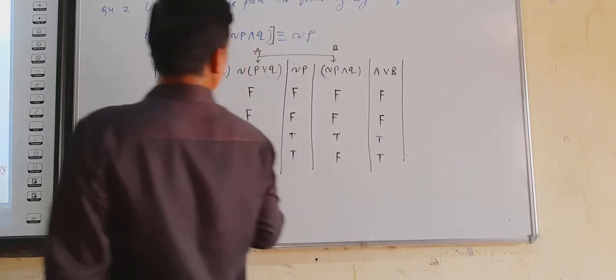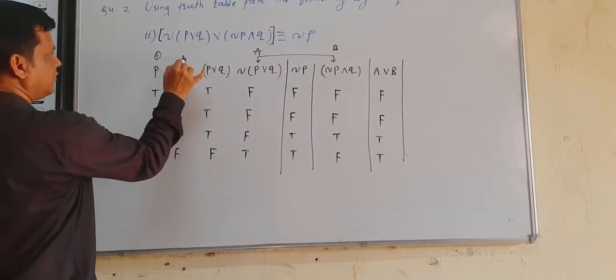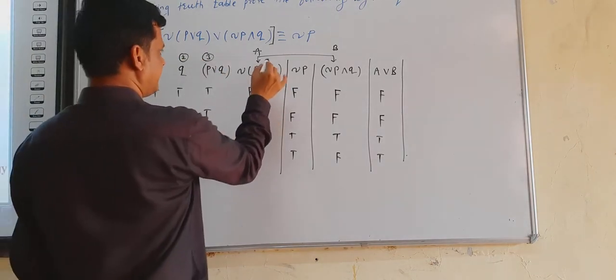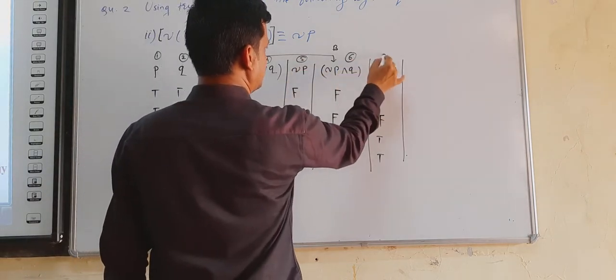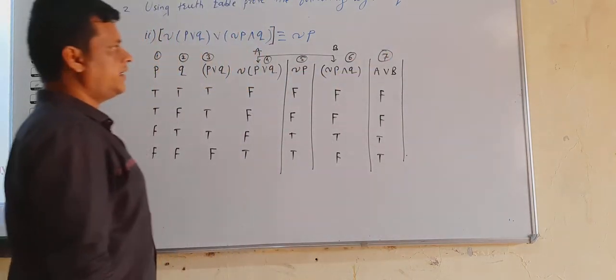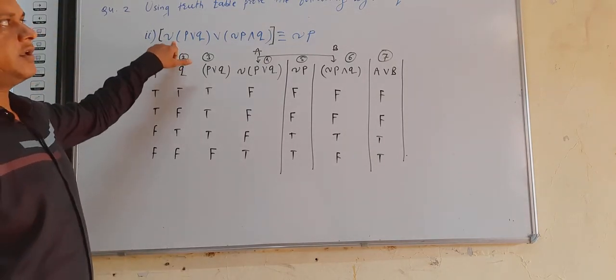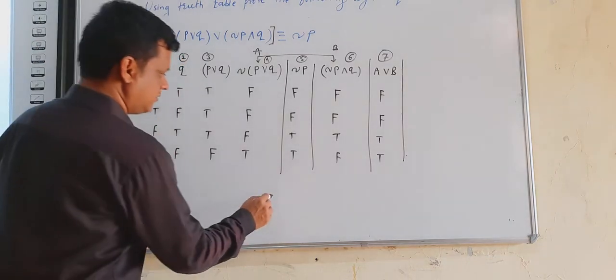Denote the column numbers 1, 2, 3, 4, 5, 6, 7. From the entries in columns 5 and 7, we can say that the given statements are logically equivalent.